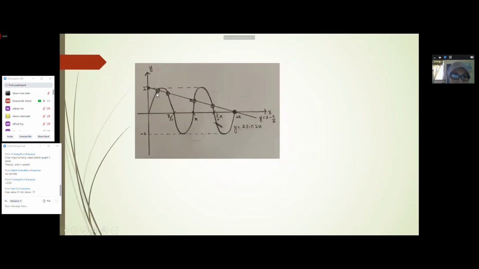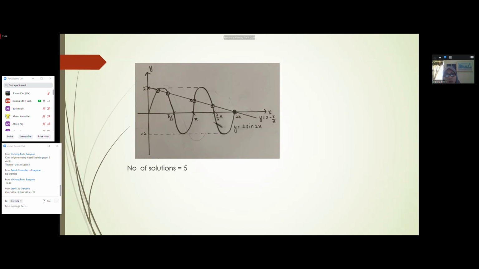I will circle the intersection points between the curve and the straight line. So I have 1, 2, 3, 4, 5. 5 intersection points that represent the number of solutions. So write down the number of solutions equals 5. Any question on this?